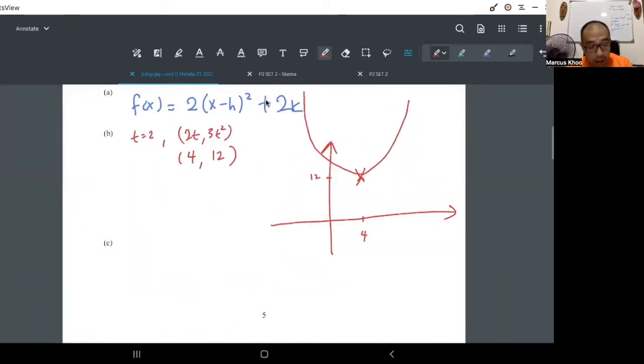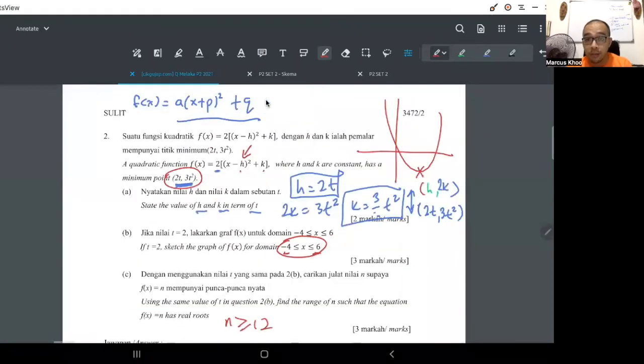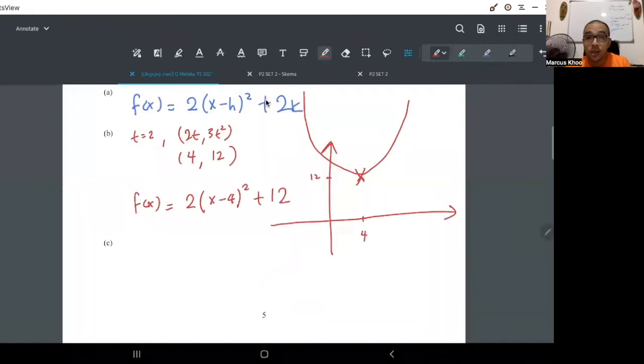So our function now is f(x) equals 2(x minus 4) squared plus 12. Remember, 2k is 12, so don't write 2 times 12 there.